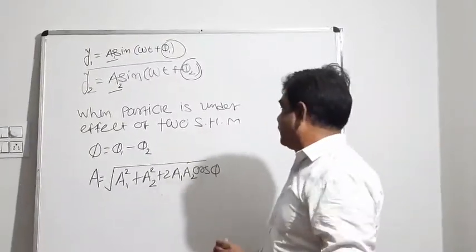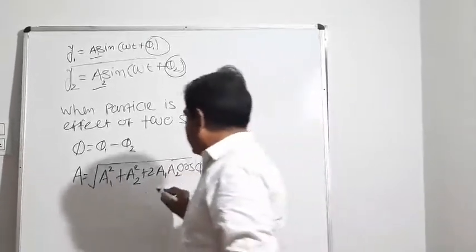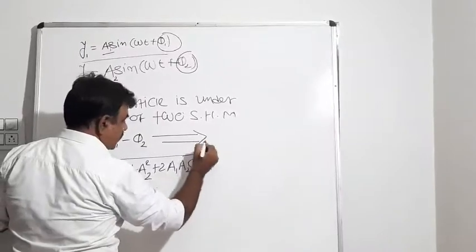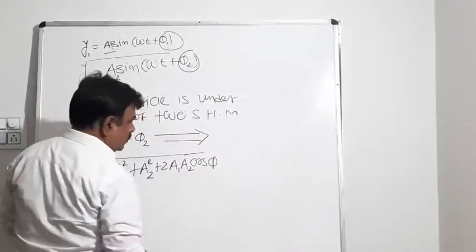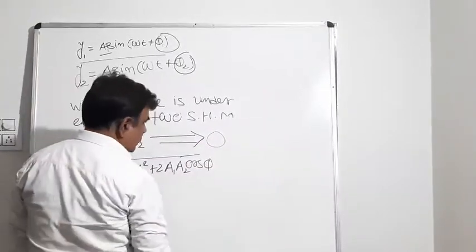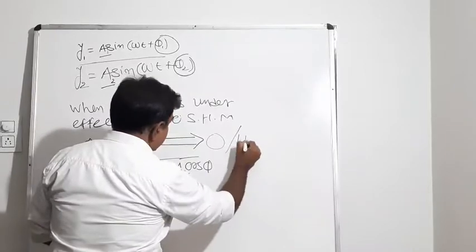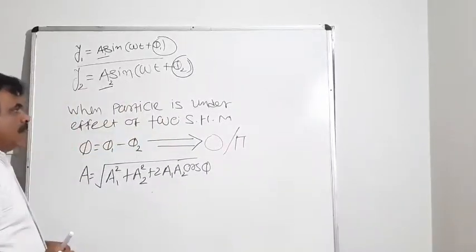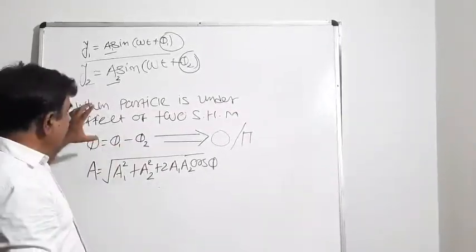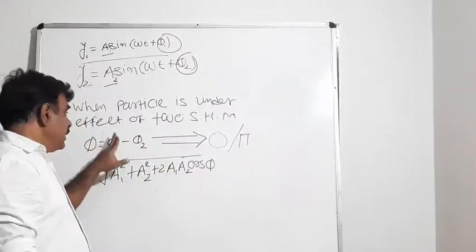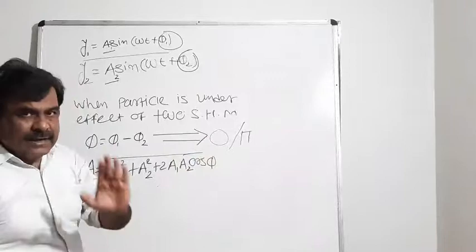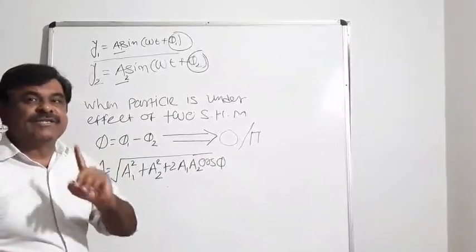First of all, remember, if phi equals 0, or second possibility pi, when a particle is under the influence of two SHM, if the phase difference between the two SHM is 0 or pi, then the trajectory will always be a straight line.